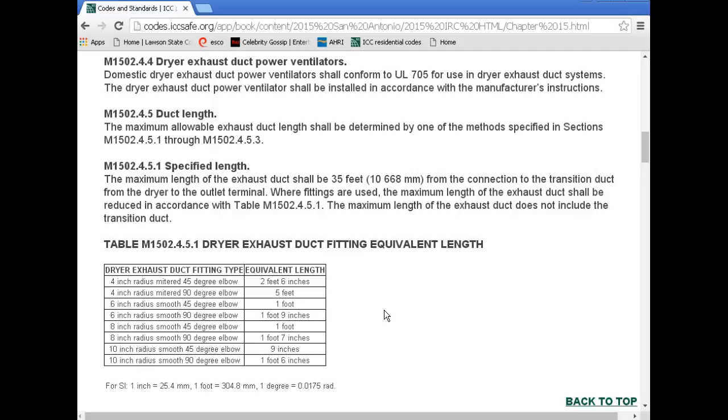Now, whenever you use a fitting that's a turn, whether it be 5, 10, 45, 90, fittings are used, the maximum length of the duct shall be reduced. And so here's our reducing fitting table, 1502.4.5.1. Let me write that new number down.